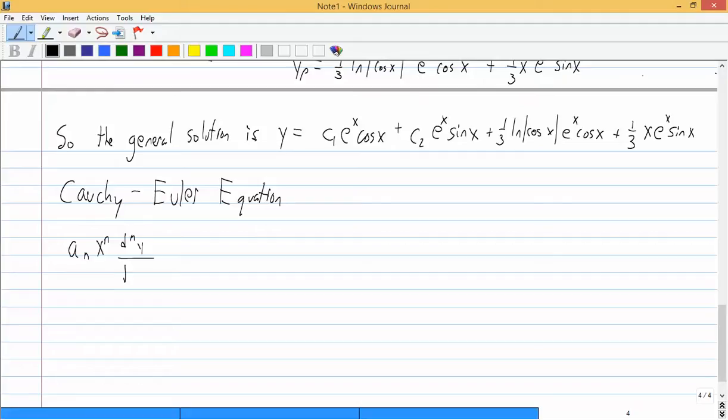Of course, you would have that first in your differential equation. And then the next term, you would have the n minus 1th derivative. So it would be a sub n minus 1 of x to the n minus 1 times the n minus 1th derivative.